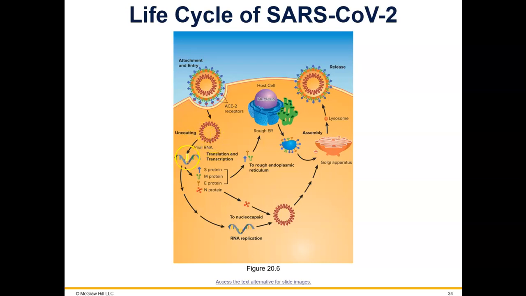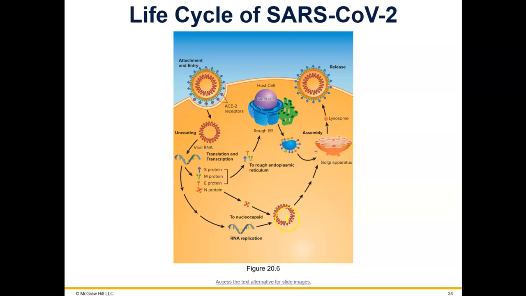Okay, so the viral RNA is used to make the S protein, M protein, E protein, and another one called an N protein. And 3 of those proteins enter the rough endoplasmic reticulum, and they're modified, and then all of those that are modified go to the Golgi.